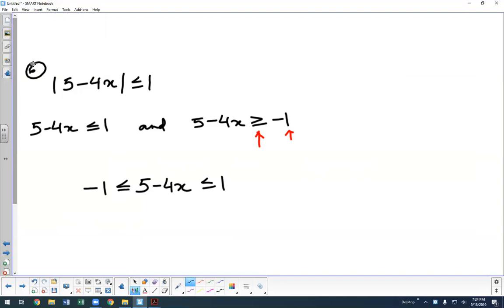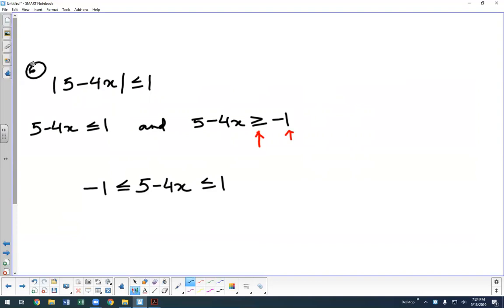They are the exact same thing, whichever one makes sense for you, and you will see both of these examples on your exam, one with the and setup, one with the or setup. So you have to recognize if it's less than or equal to, it's going to be an and, so I can write it as a three-part inequality. If it's greater than, it's going to be the or.